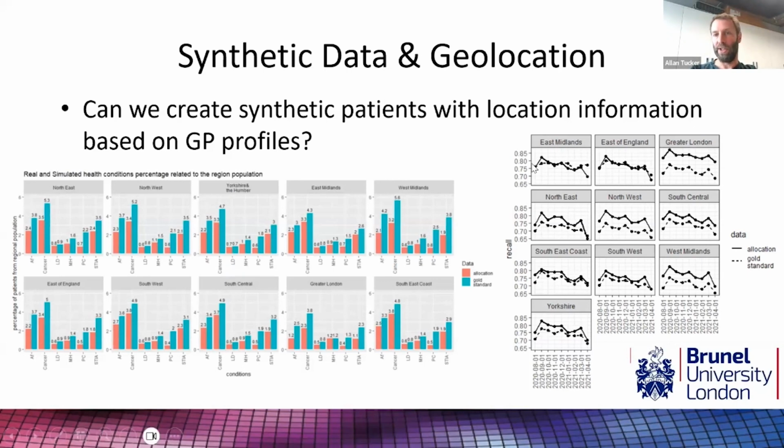On the right here, you can actually see the performance of machine learning models that have been trained regionally based on real regional information from ground truth data, but also then using our synthetic data that's been allocated using the GP information. And you can see that it's not always perfect. So for example, for Greater London, our models seem to perform much higher than the ground truth. So it doesn't perfectly mirror, but it seems to be capturing lots of the similarities in terms of shape.